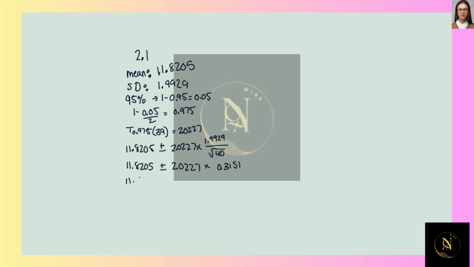And then you have 11.8205 plus or minus 0.6374. And you have your confidence interval of 11.1831, comma, 12.4579. So this is before the study.